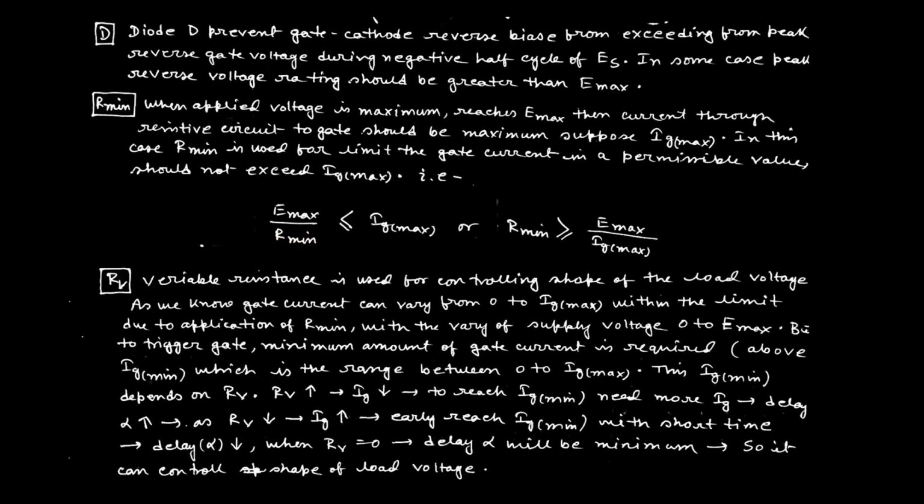That means Rmin works as a simple resistance. Voltage by resistance, Emax by Rmin, should be less than or equal to Ig max, not more than that. This protects the gate terminal from excessive current. After simplification, we can write the expression: Rmin should be greater than or equal to Emax by Ig max. This is the actual expression.